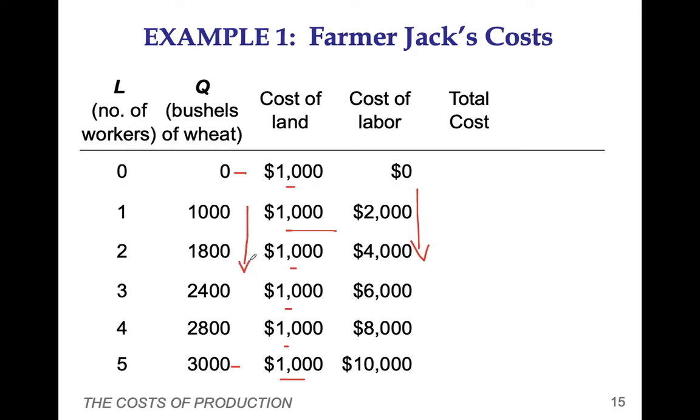The cost of land does not change with the output; it is always $1,000, but the cost of labor changes with the level of output.